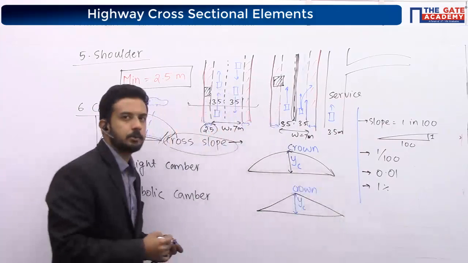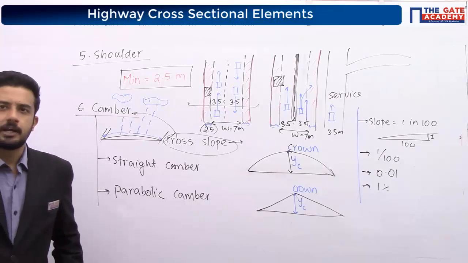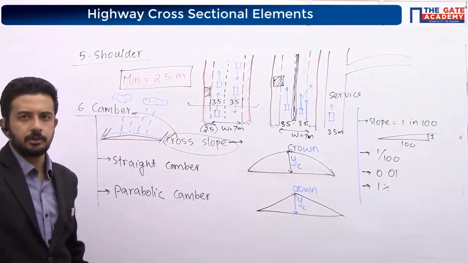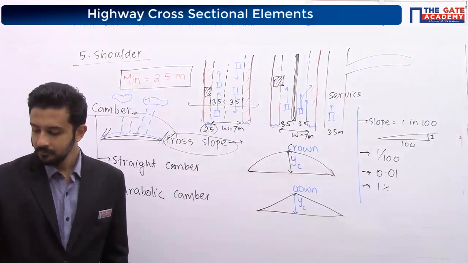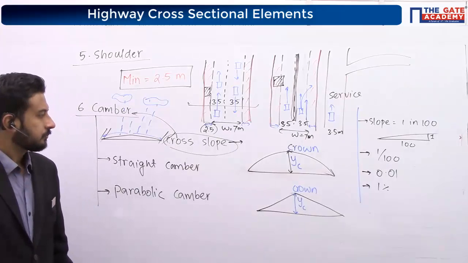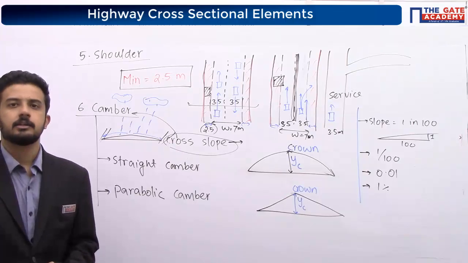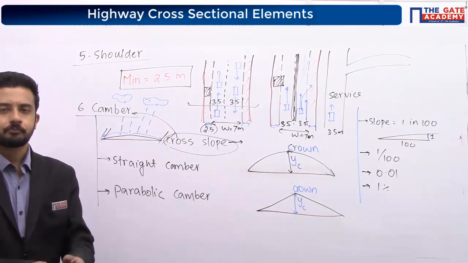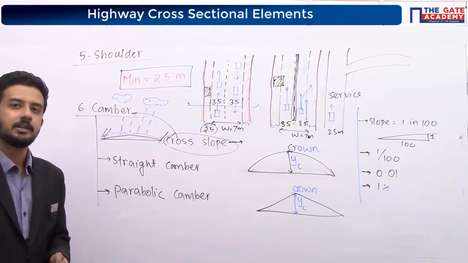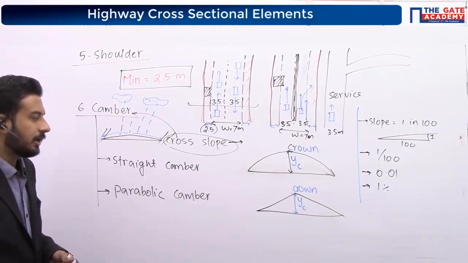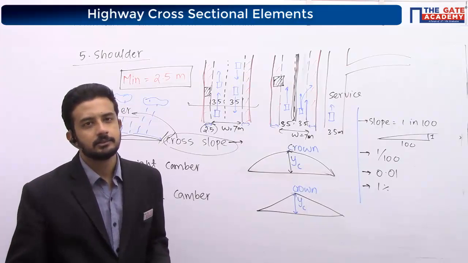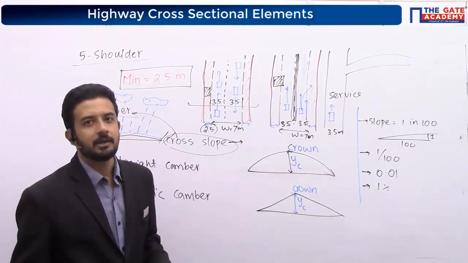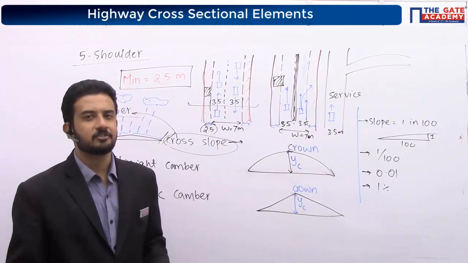Which shape may be good? Parabolic is good, okay. Why is parabolic good? Why is straight not good? Okay, parabolic. Because of the slope, okay.